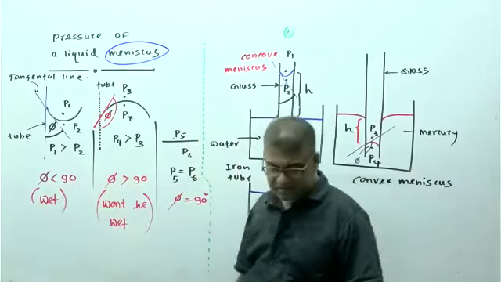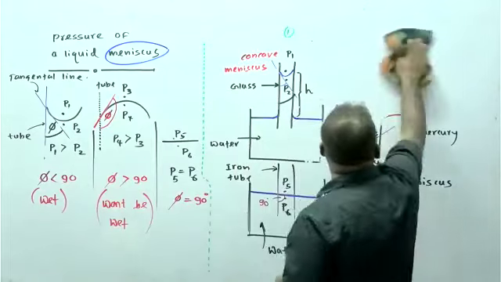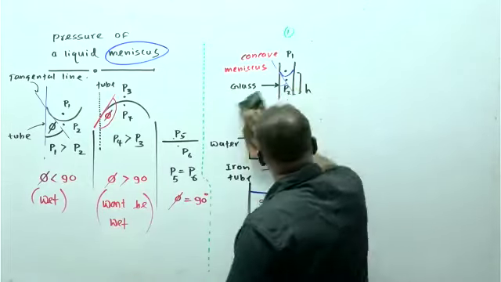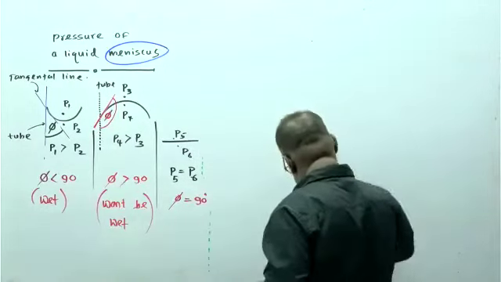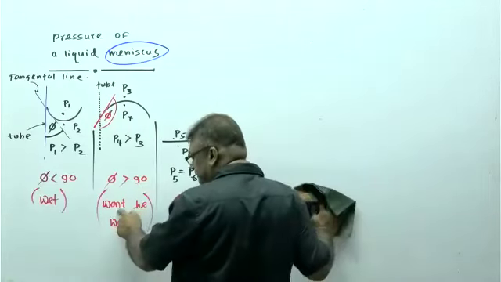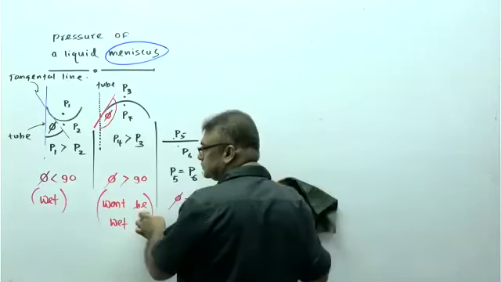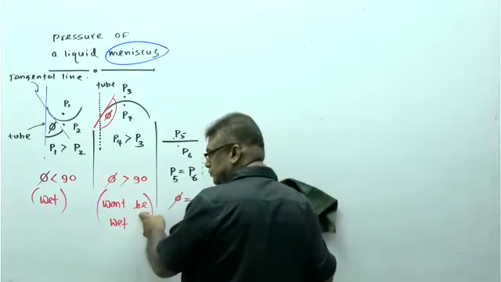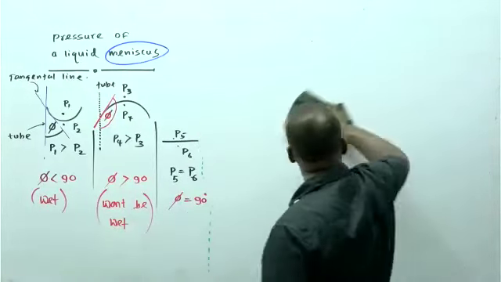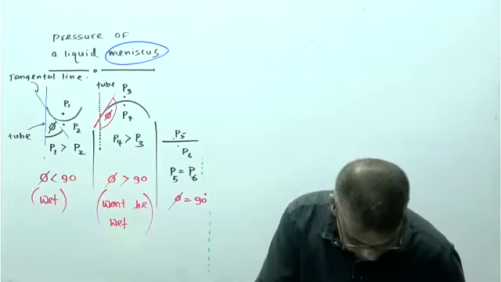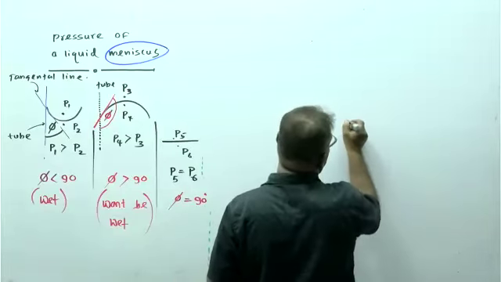If the angle of contact is greater than 90 degree, comma, such a liquid won't be wet the contacted surface.